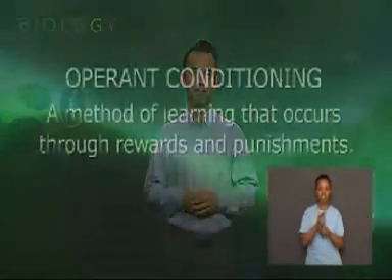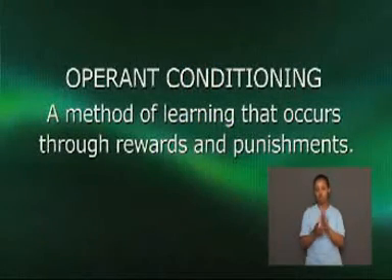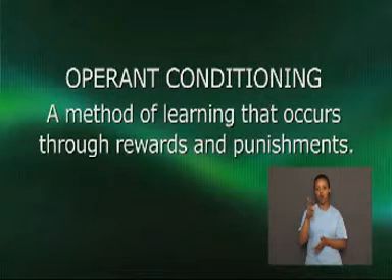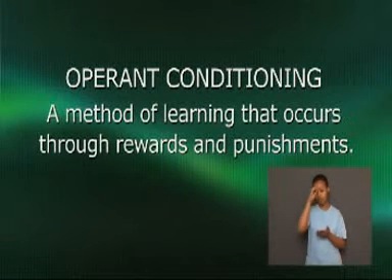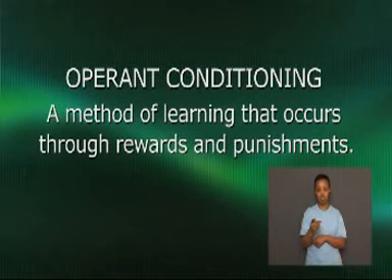Operant conditioning can alter more complex and voluntary behaviors in animals and people, learning to associate behaviors with specific consequences. Operant conditioning is a method of learning that occurs through rewards and punishments.